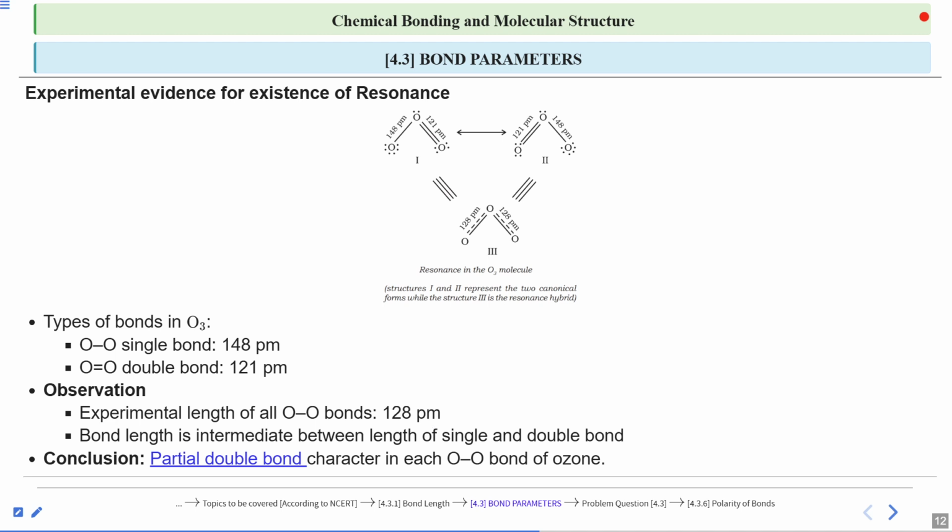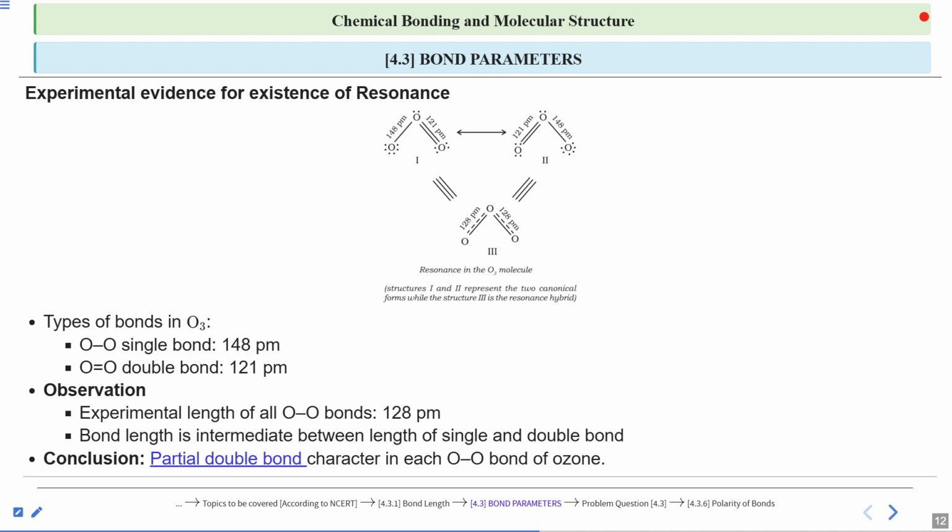So I am repeating it all so that you can summarize it. First, we take the O3 molecule and draw the Lewis structure. Two cases of bonds are possible, single bond and double bond. From the previous experimental data, single bond is 148 and double bond is 121. It was found experimentally that neither of these bonds is 148 nor 121, but instead both are 128 picometer, which is in between the two values.